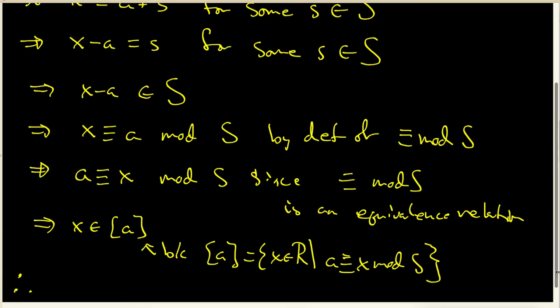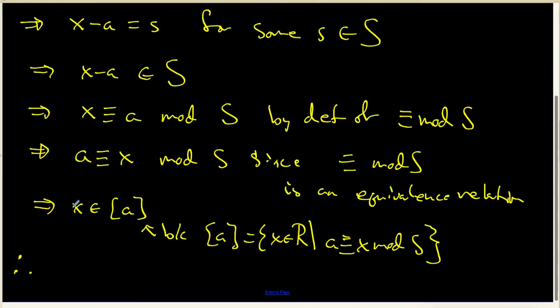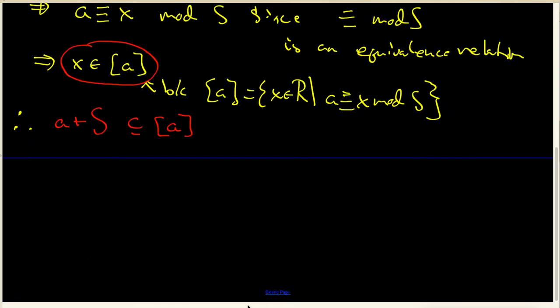We've shown that if we take an arbitrary element of the left coset, that arbitrary element will be in the equivalence class. So we are allowed to now say that A plus S is indeed a subset of the equivalence class containing A. And with what we had on the previous board, that lets us say that the left coset and the equivalence class are exactly the same thing.